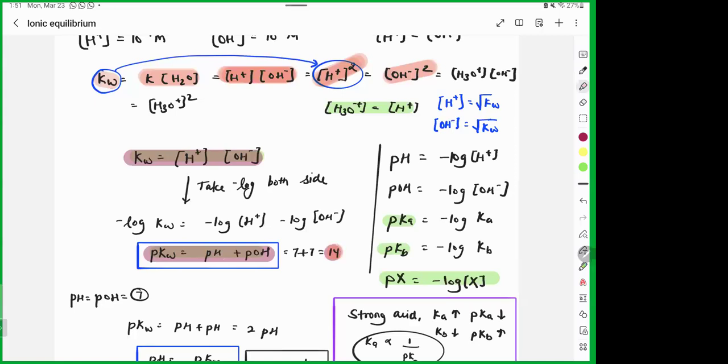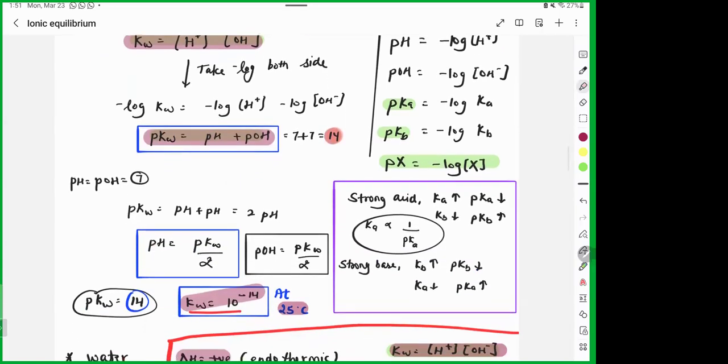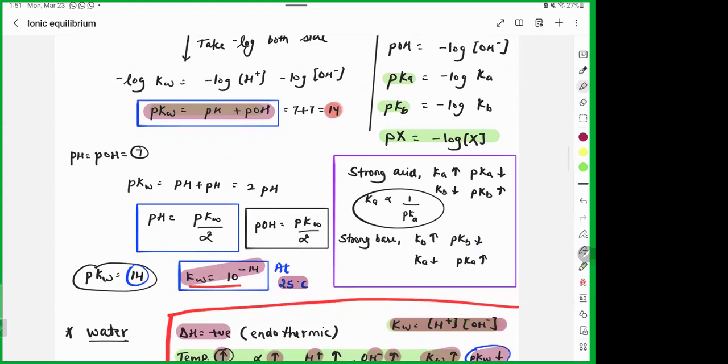The same equation I wrote. Why? Because pKw value is 14. That's why pH plus pOH is always equal to 14, but only at 25 degrees Celsius. If you change temperature, the value will also change.